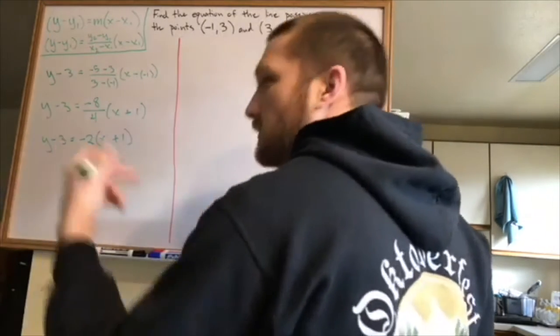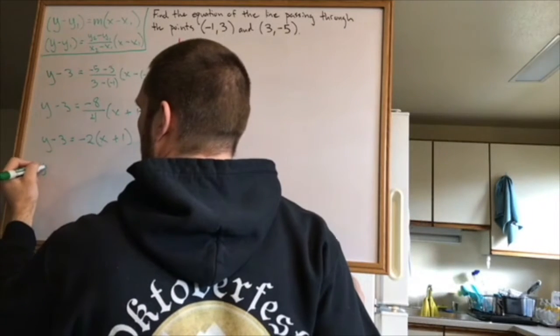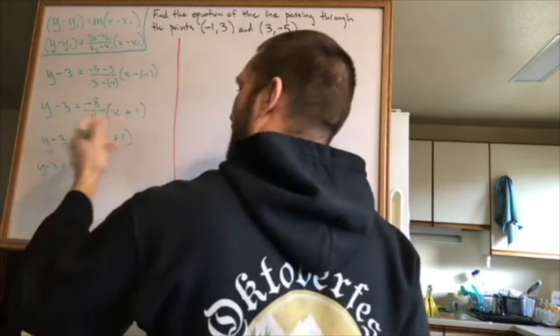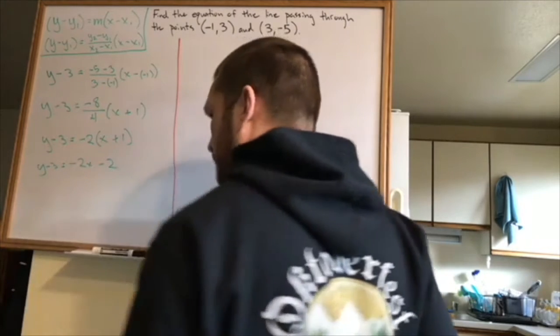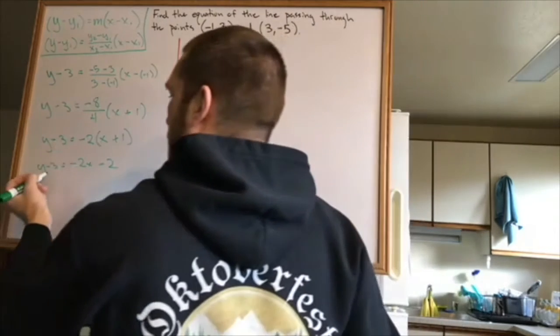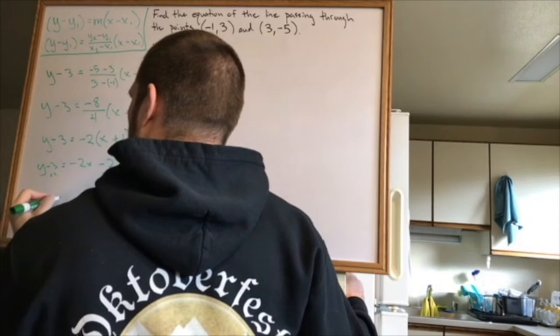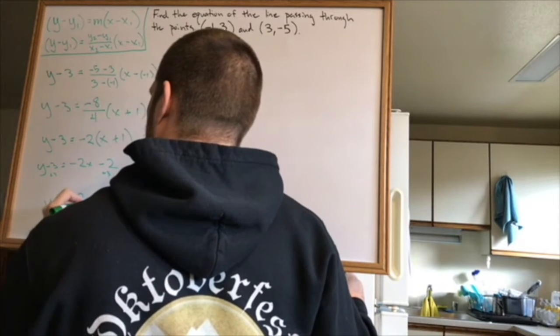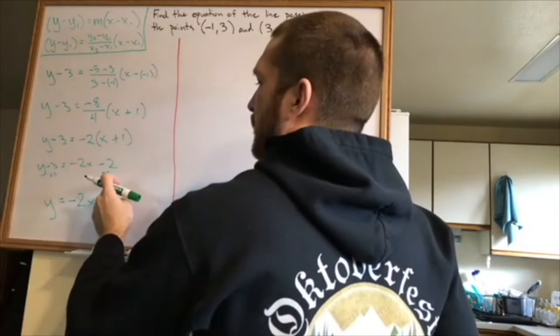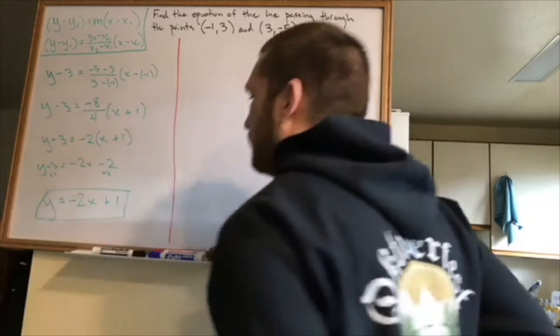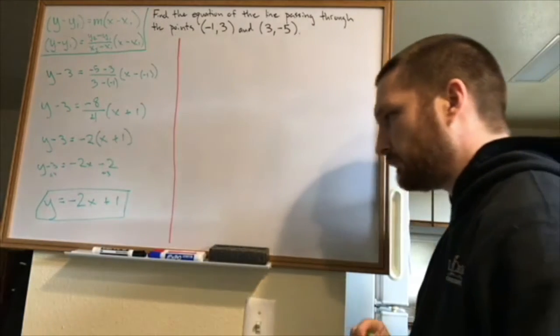Okay, distribute the -2: -2x, -2. Okay, plus 3 on both sides, and we get y by itself, finally, -2x plus 1. And we're done. Okay, that's how we did it there.